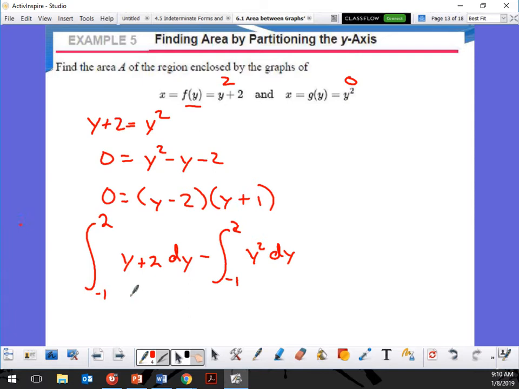Okay, we're going to come up with y squared over 2 plus 2y from -1 to 2 minus my y cubed over 3 from -1 to 2, right?